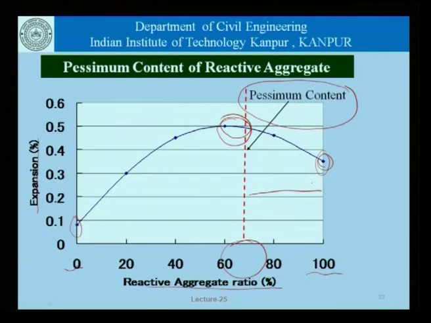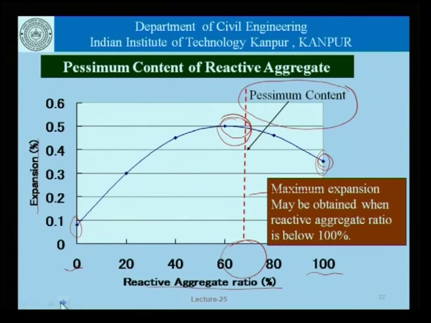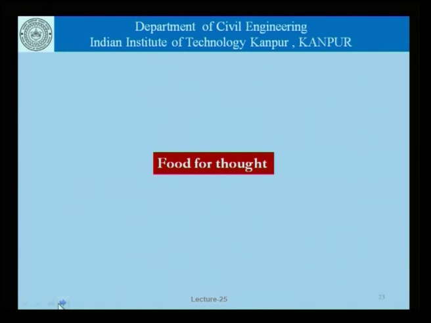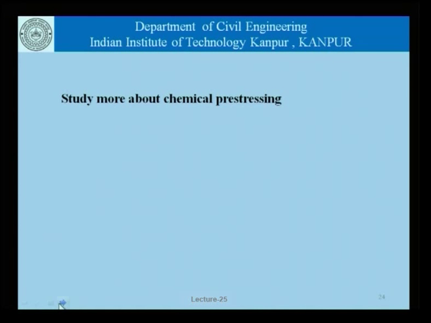that is here. Now, with this we come to a close of the discussion, and as we usually close, we can do some more work and study a little bit about chemical pre-stressing, and that is what we talked about in our discussion today.